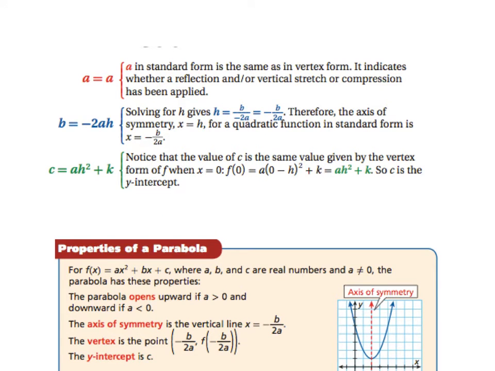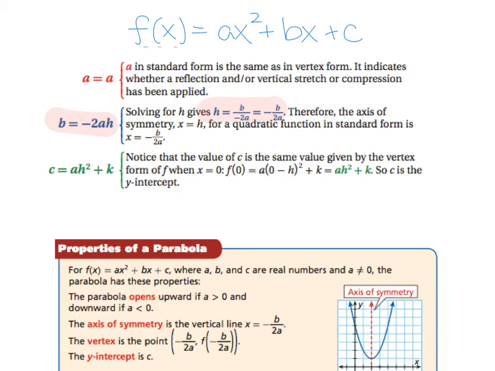So when we're in standard form, ax squared plus bx plus c, and we want to find the axis of symmetry from standard form, this is a key thing to note, again, that b equals negative 2ah, so that you can solve for h and get negative b over 2a.